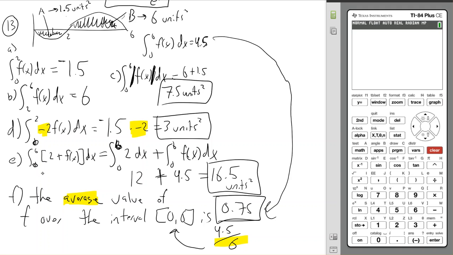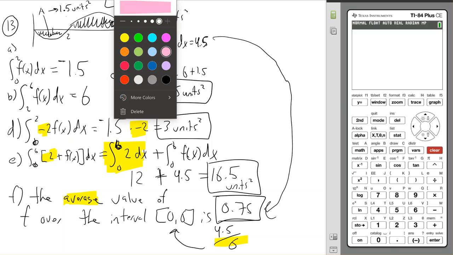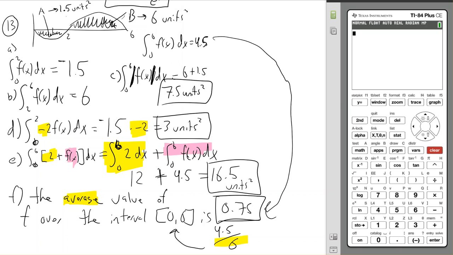Part E. Okay, so you see how I split it up? Yeah. So I said I could integrate 2, and then later on I'll integrate f of x. Usually I don't split it up, but that's what we're doing. But we usually do it one term at a time, correct?